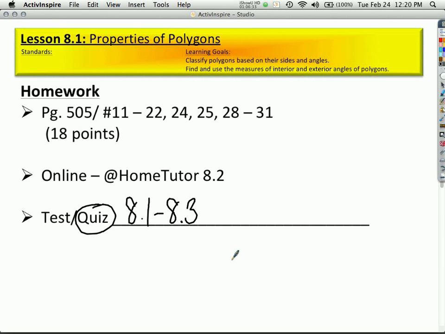We got 8.2 tomorrow. It's going to end up being next week, but I'm not sure how the writing test is going to impact that. So I'll have to find out exactly what it will be.